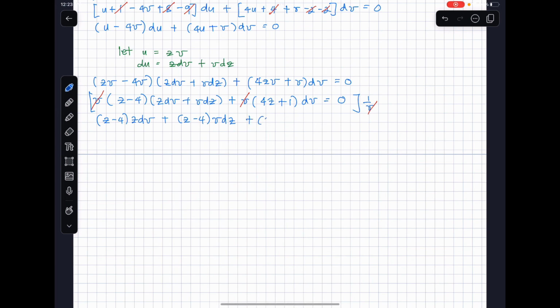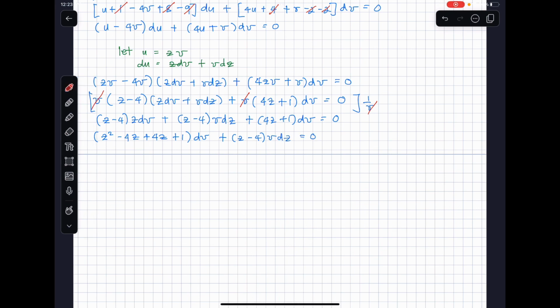Then plus 4z plus 1 dv is equal to 0. So we have two dv's there. So that would give us, so we distribute, so z times z is z squared, and then negative 4z, then we have positive 4z plus 1, then we have dv. So plus z minus 4 v dz is equal to 0.